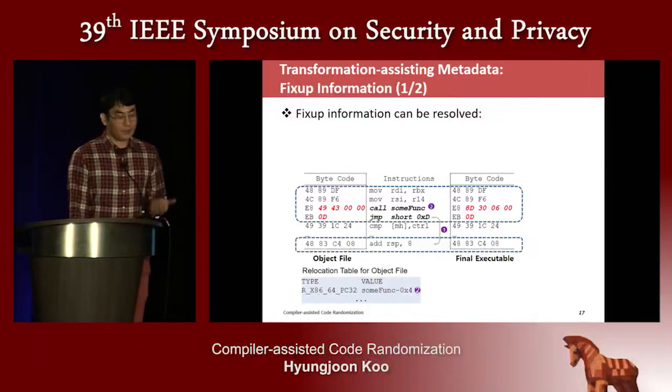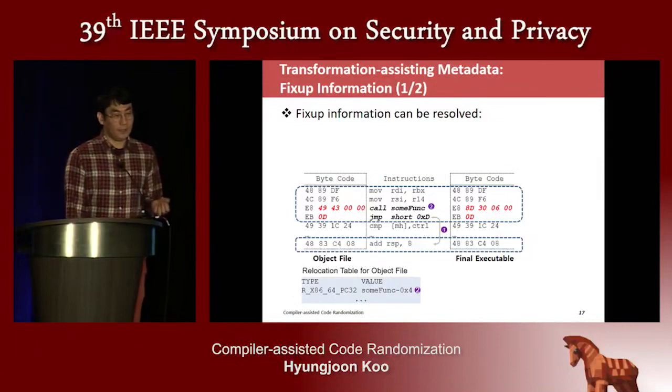Here, the jump instruction has the fix-up, which is D in hex, pointing to some basic block, but this fix-up has already been resolved at compilation time. But if you see the call instruction, which is the sum function, the sum function is not defined inside the object file, so it produces a relocation entry in the relocation table for the object file.